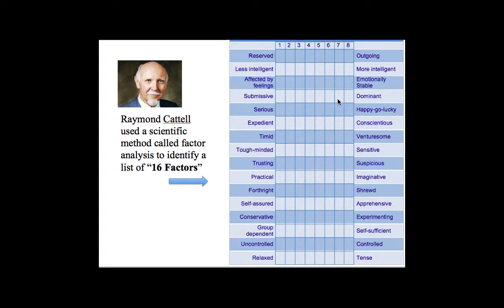Submissive, dominant, serious, happy-go-lucky, expedient, conscientiousness, get things done fast, get things done methodically and carefully. Timid versus venturesome, or you could think adventuresome. Tough-minded versus sensitive, trusting versus suspicious, and you can just rank where you might see yourself on here.